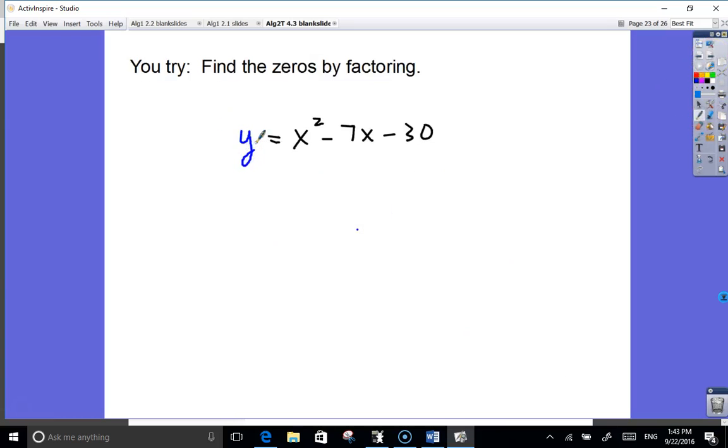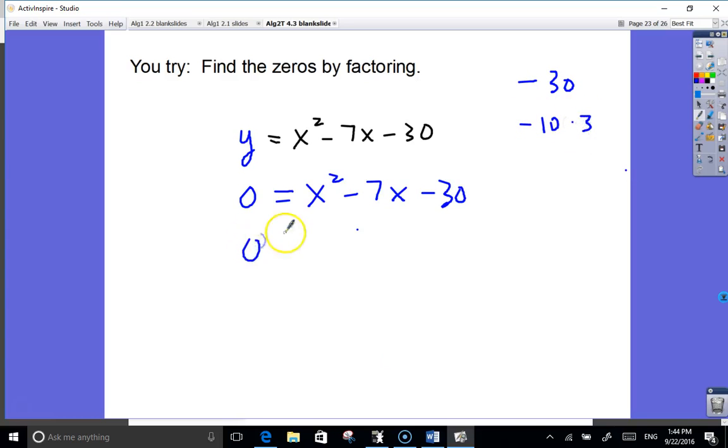Find the zeros by factoring the equation, or by solving the equation by factoring. There are the zeros. 10 and negative 3, right? So you say, I have to solve this equation, and the factors of negative 30 that add up to negative 7 are negative 10 times 3.